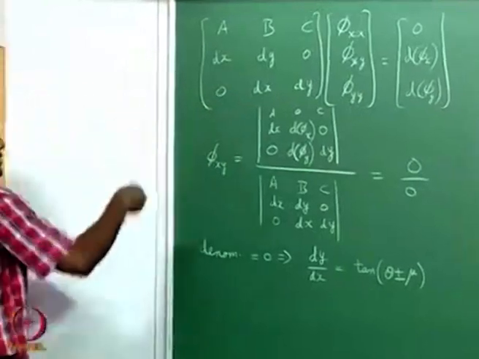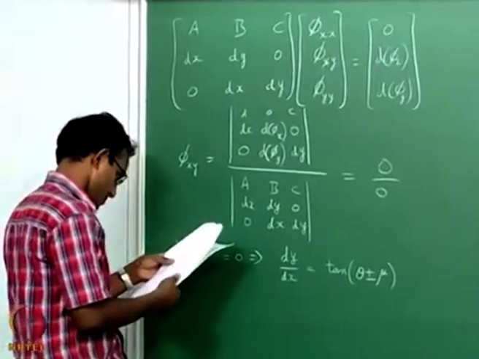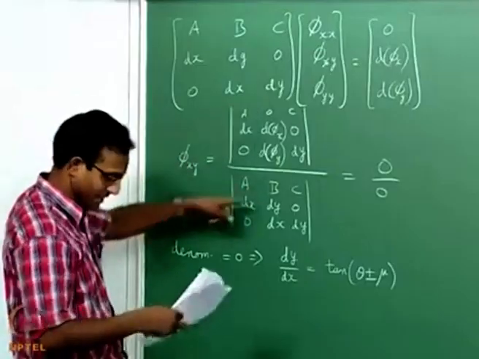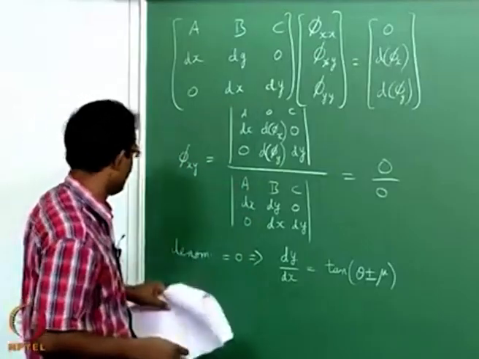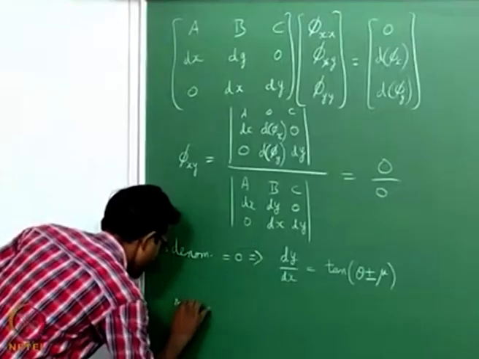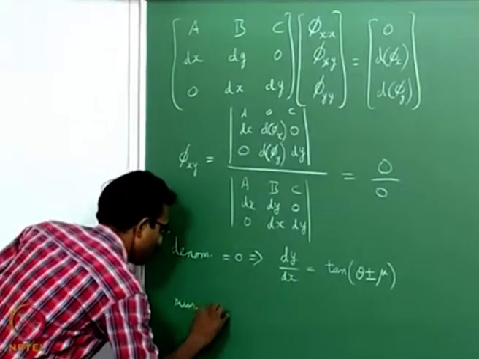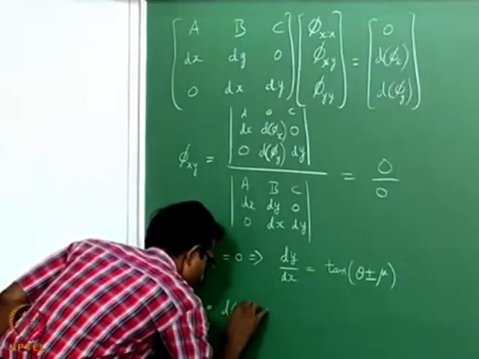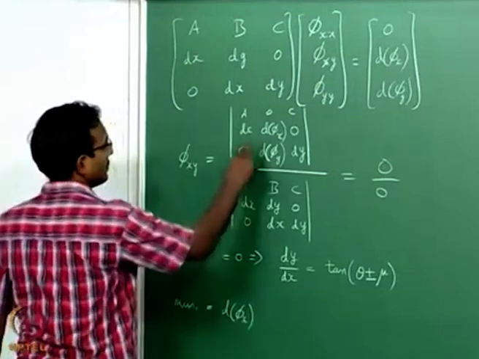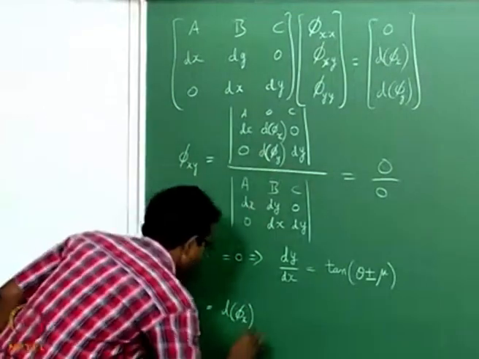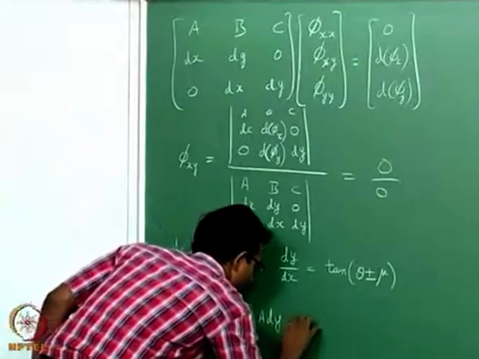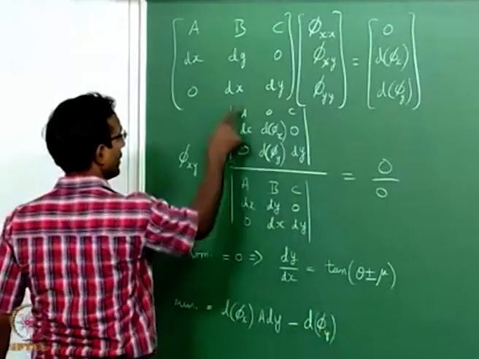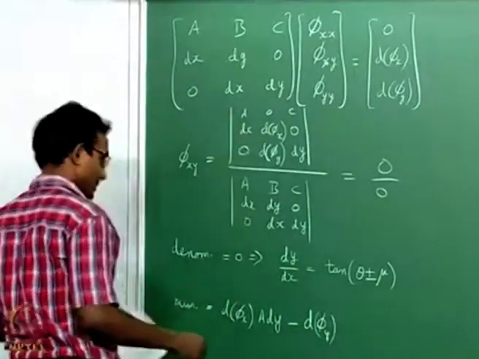Okay. If you look at the numerator determinant and we want to make that 0, let us say I will pick the center line and do determinant based on that. A determinant for numerator is equal to, is going to be d phi x times a dy minus d of phi y, times this determinant which is minus c dx.